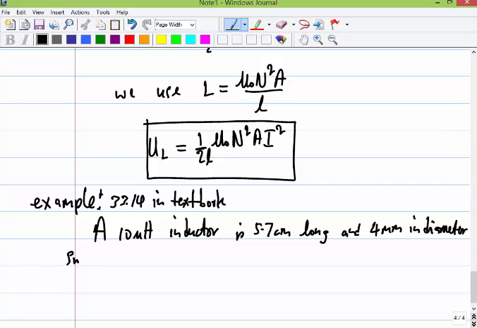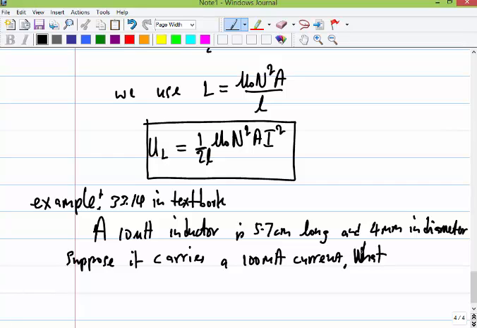Suppose it carries a 100 milliamp current. What is the energy stored and the field strength?